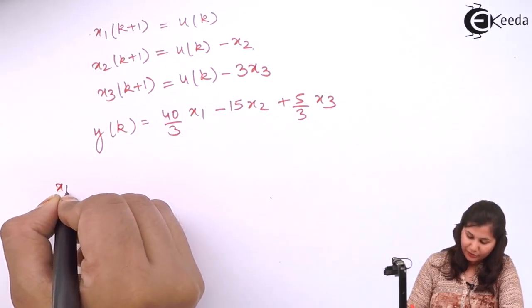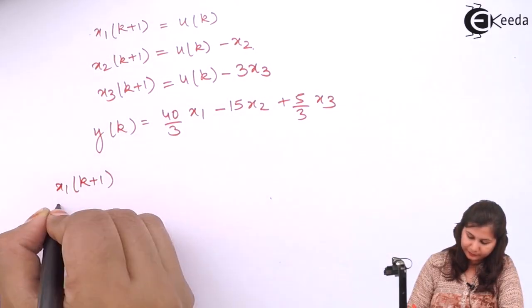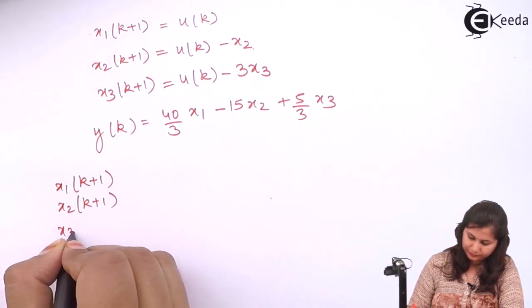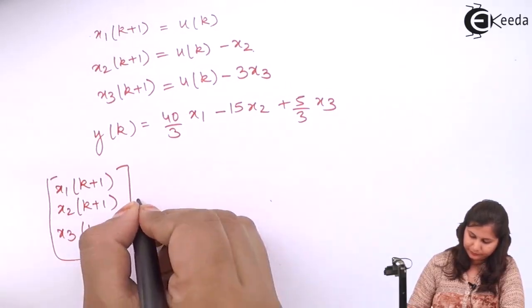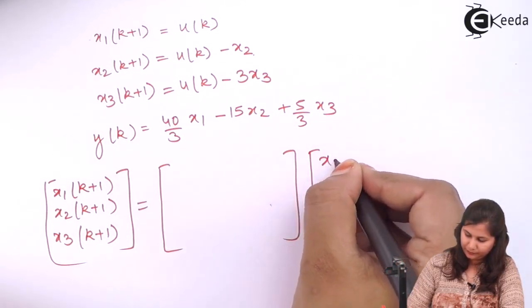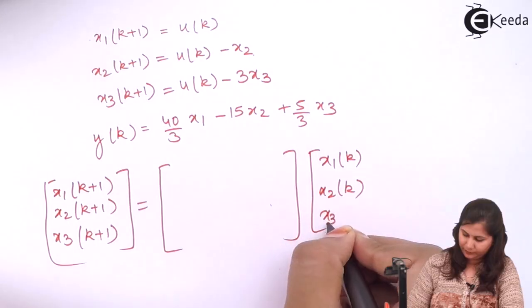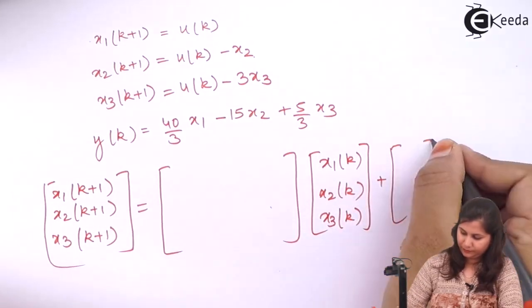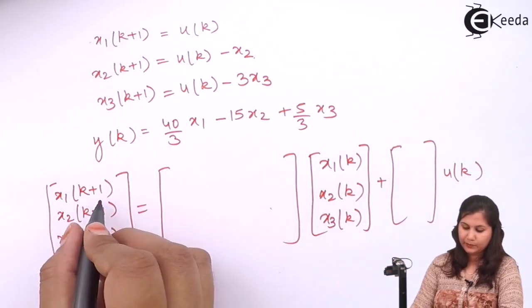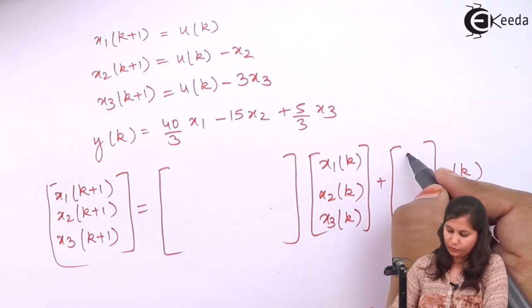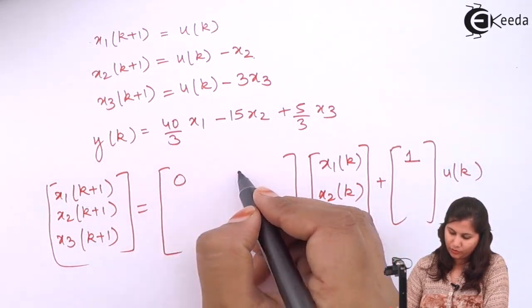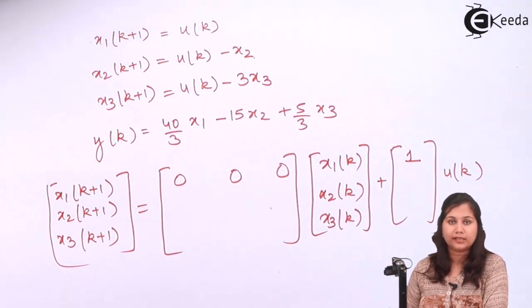So our state equation will become: x1 k plus 1 is uk only, so the input coefficient is 1 and all the state coefficients are 0.